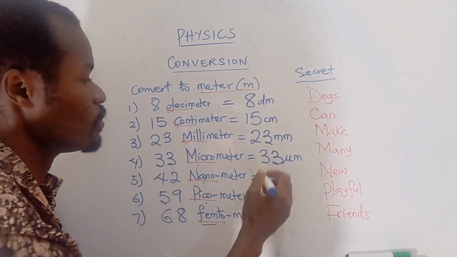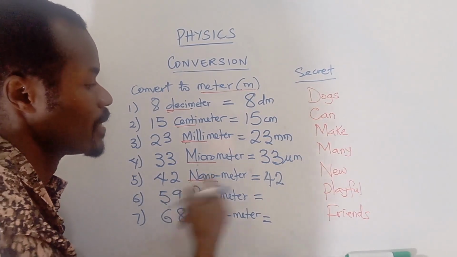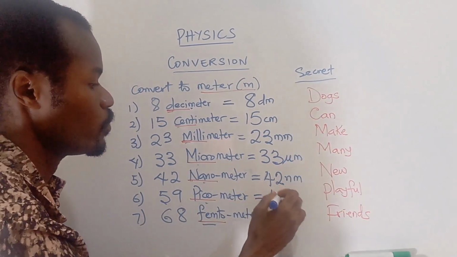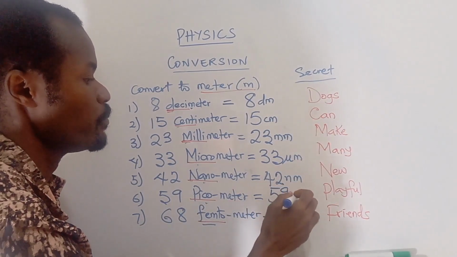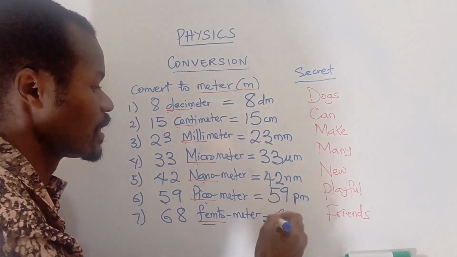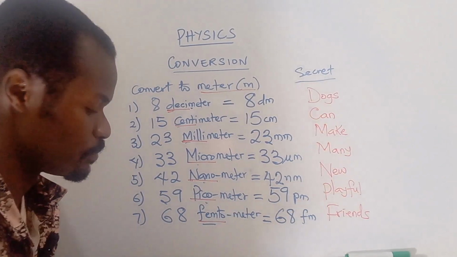Now for 42 nanometer, we also go as usual 42 and M. Now for 59 picometer, we have 59 picometer. P is for pico, and lastly for 68 femtometer. So we have 68 femtometer.